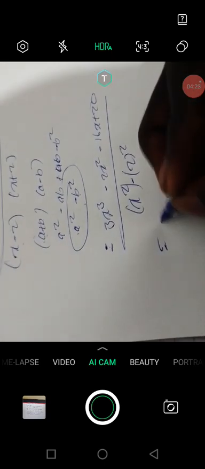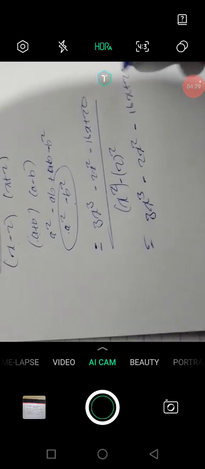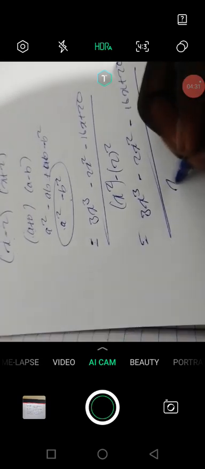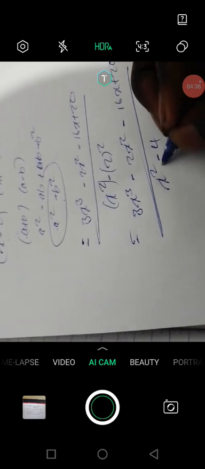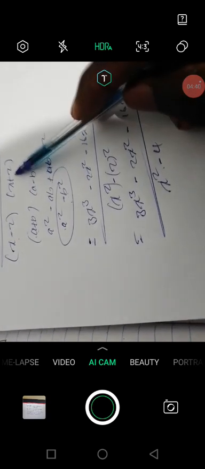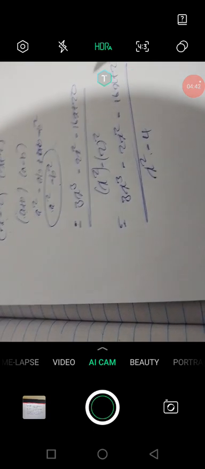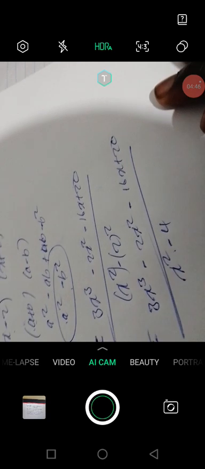So the same applies: 3x cubed minus 2x squared minus 16x plus 20, divided by x to the power 2 minus 4. This and this are one and the same.